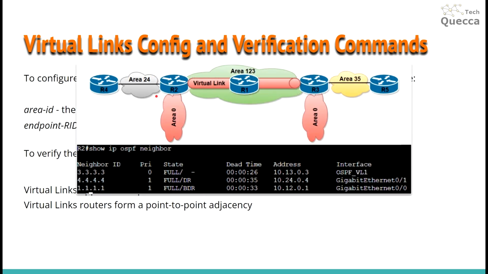For example, in this case, this router forms a point-to-point adjacency with router R3. If you do show ip ospf neighbors on R2, you will see that it has a neighbor adjacency with router 3 on interface virtual link 1.